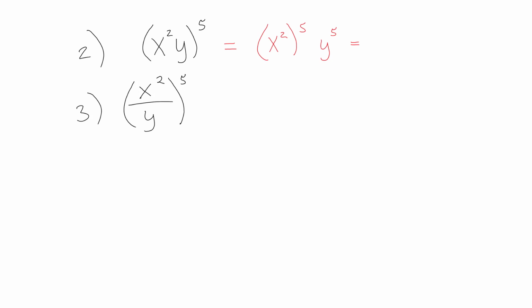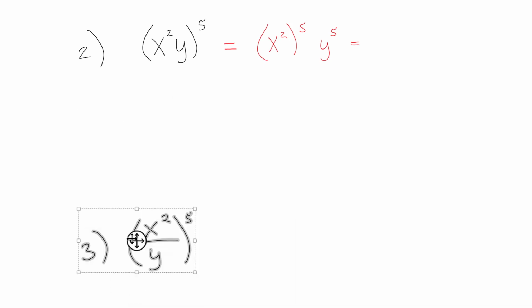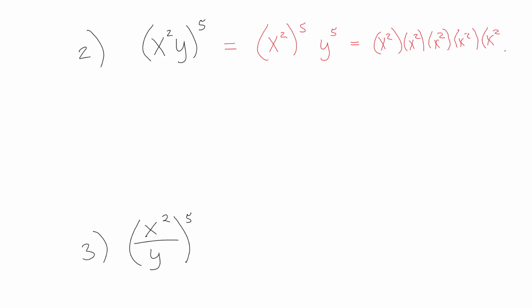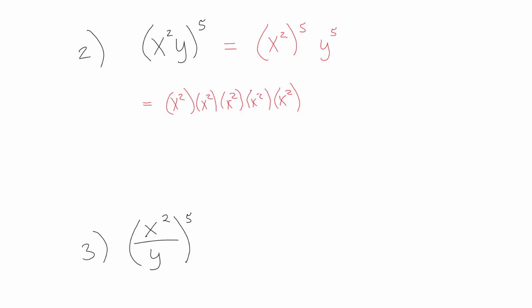Because again, the idea for this one is that we have x squared times x squared times x squared times x squared times x squared. I'm going to run out of room. Let's move this back over. Okay, so I have 5 x squareds, and then I have a y to the 5th.